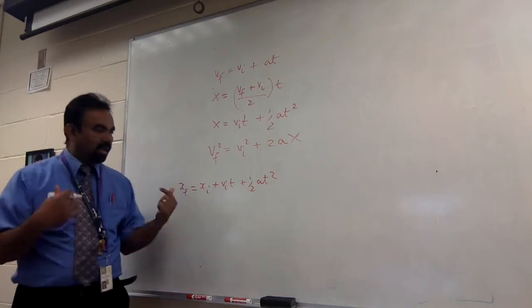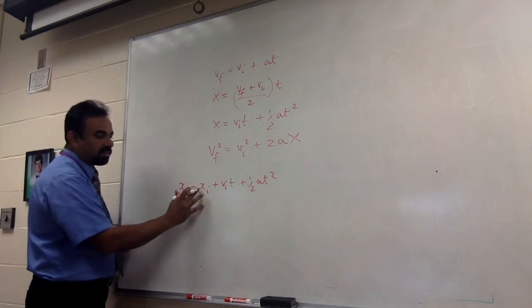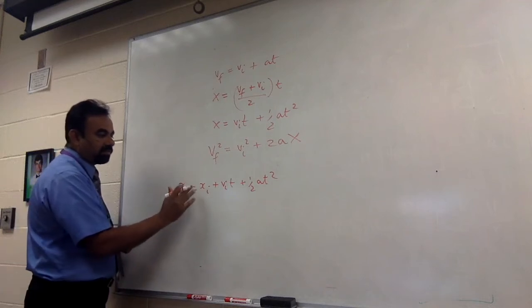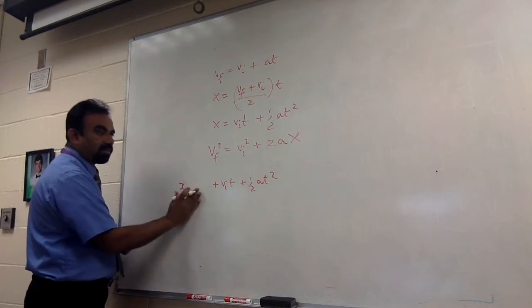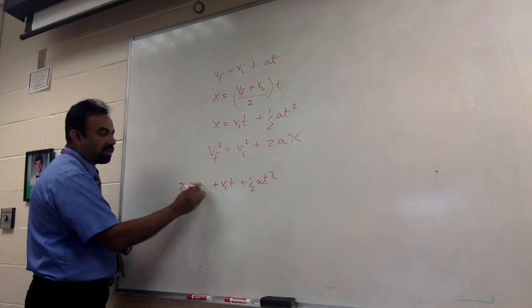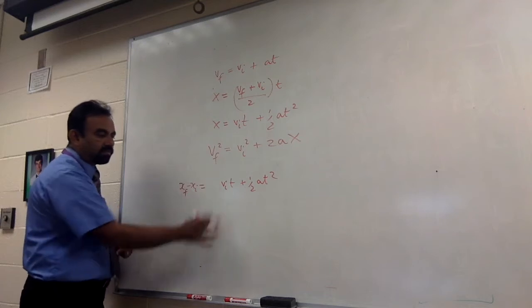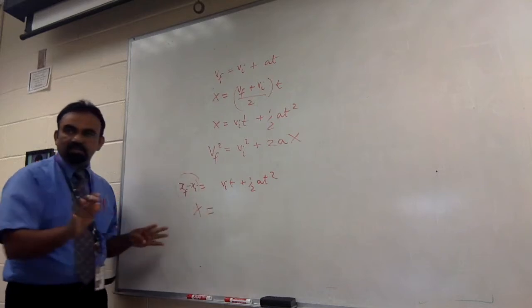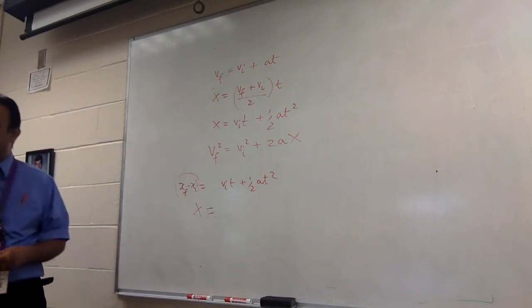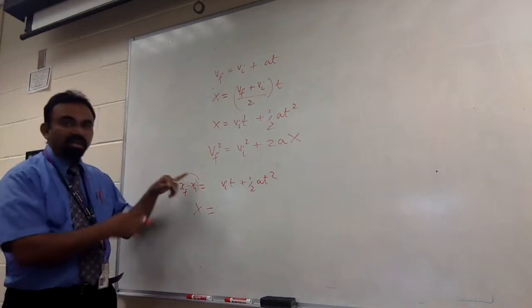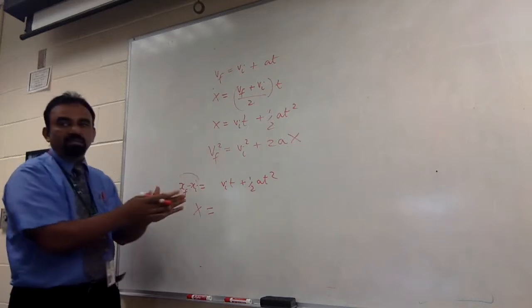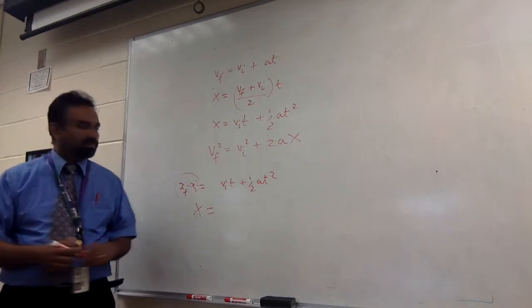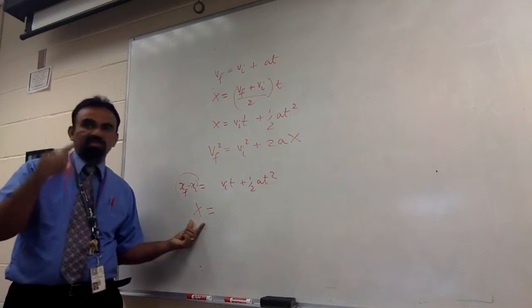Now what I do is I bring this term onto this side. So subtracting xi from both sides, we have this equation. And I call this whole thing just displacement. We don't really require anything else. We don't want to confuse and make this equation bigger. And that's why I make it as just x.